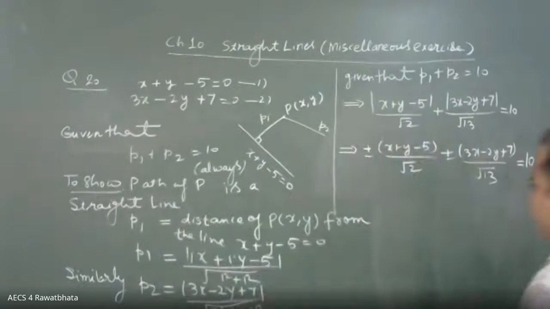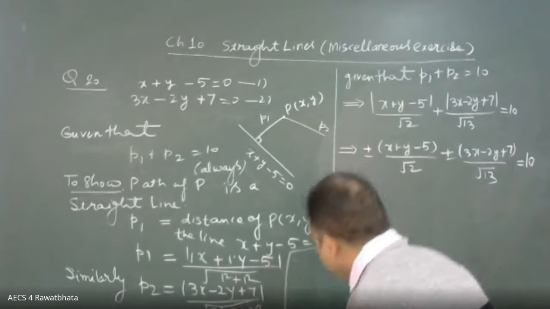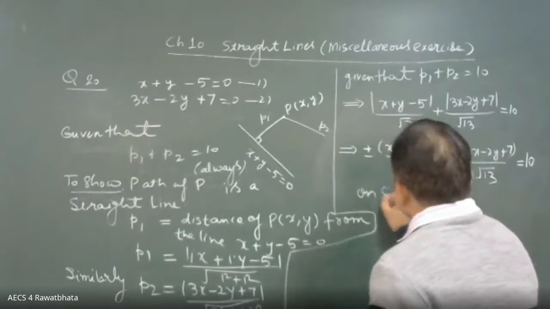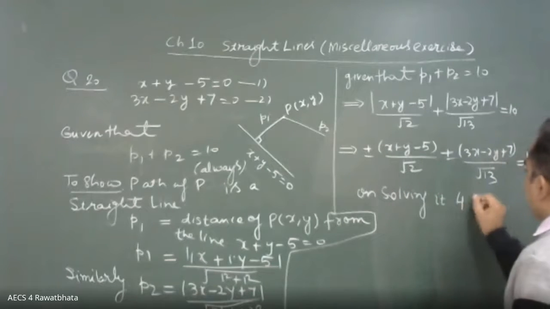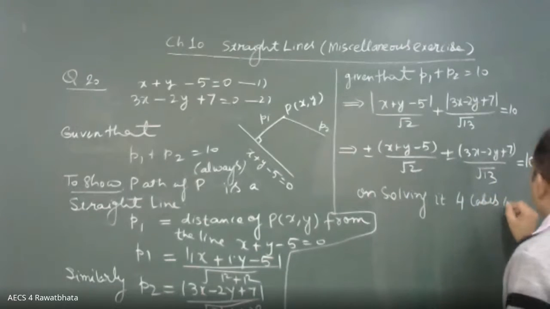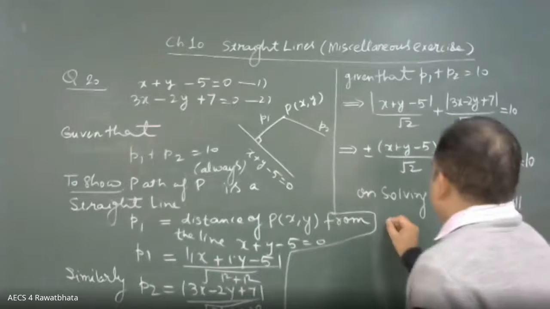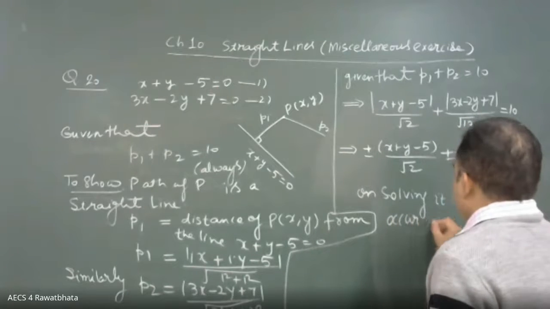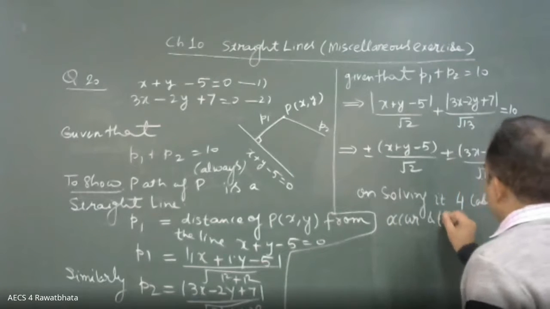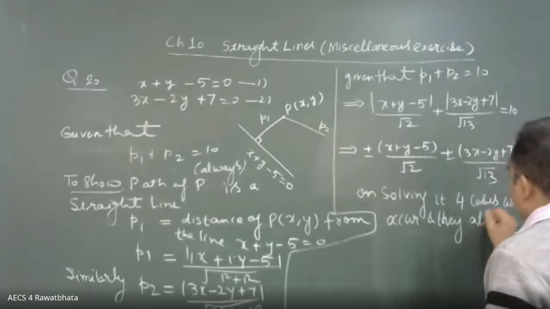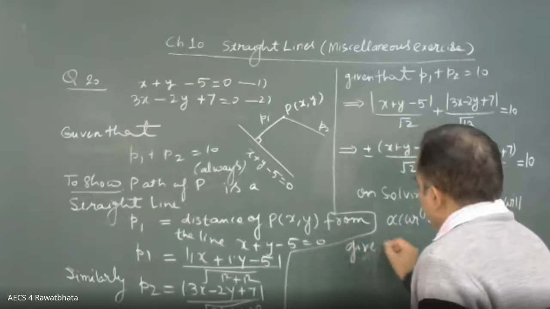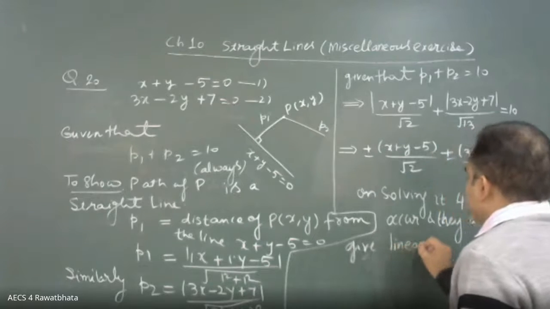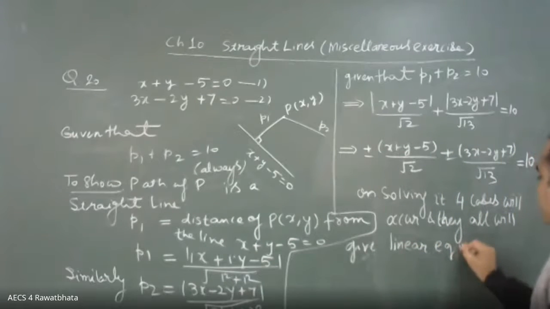So simply write in words that since on solving it, 4 cases will occur, and they all will give linear equations. Linear equations means their degree will be 1.